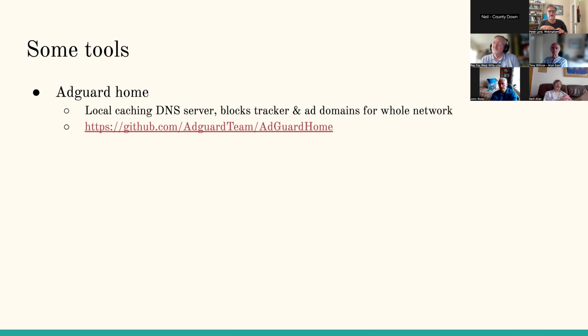So if you look up bbc.co.uk, your desktop will go to this local DNS server. If it doesn't know about it, it will go to Google and do a lookup. If you do a second lookup, it will cache it. So it can be a way to speed up DNS.